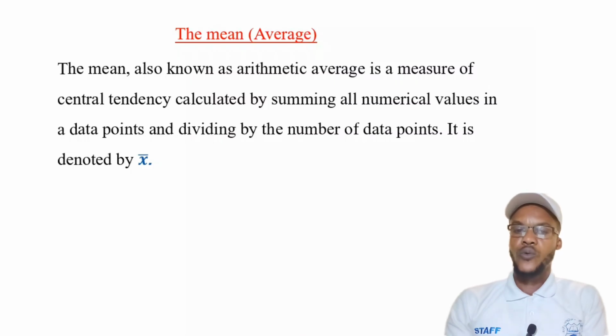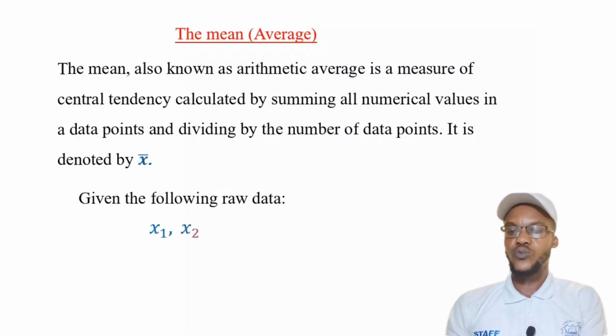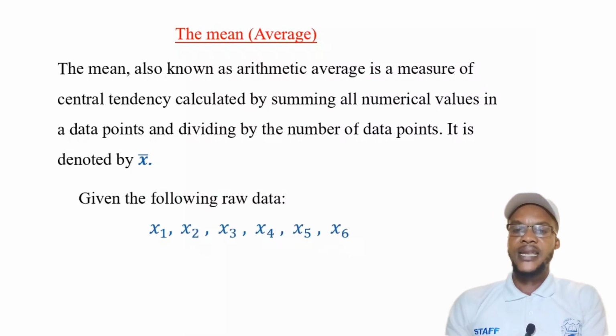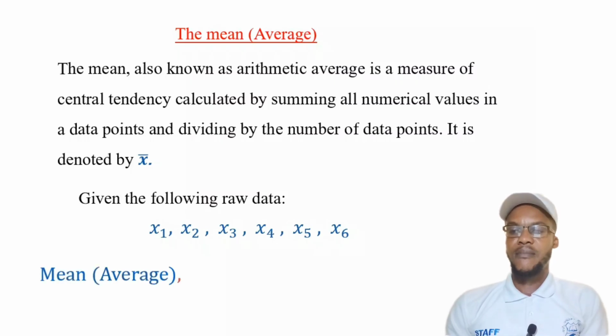If you are given the following raw data as x1, x2 up to x6 to find the average, know that the mean or the average is given by sigma x divided by n, sigma x divided by n.